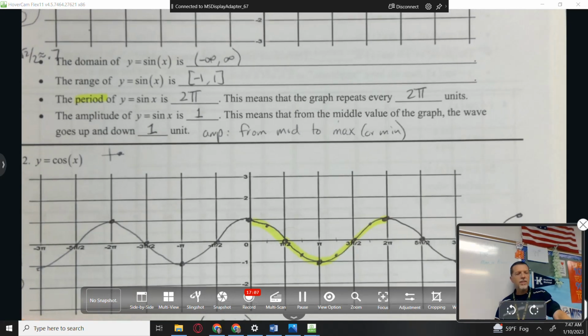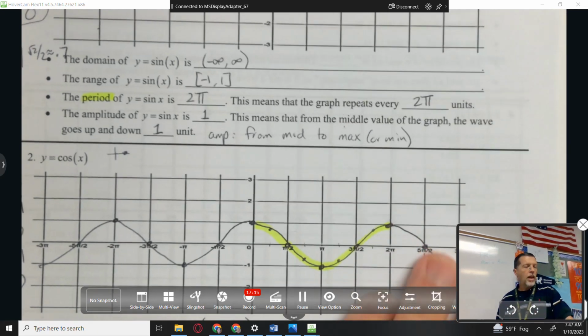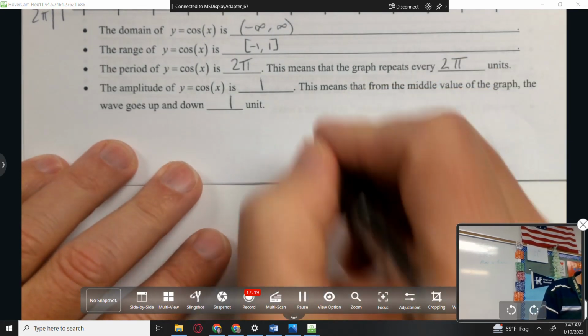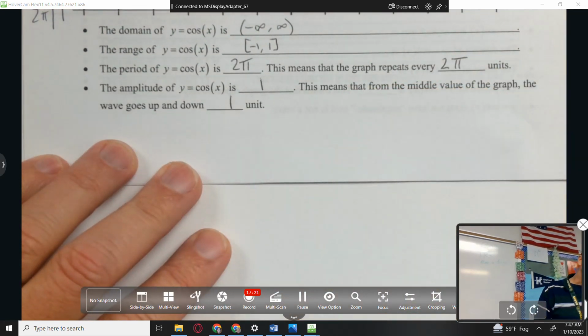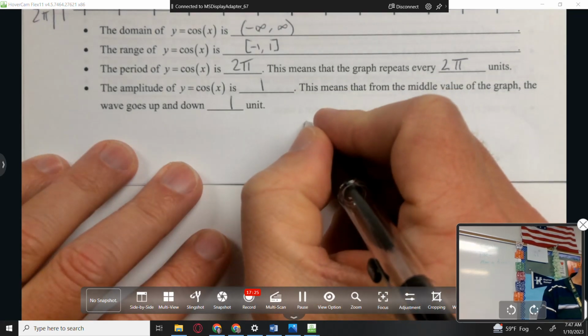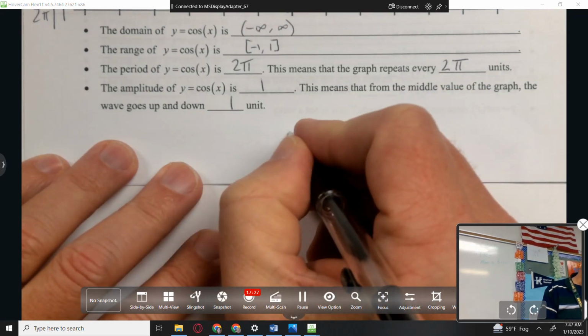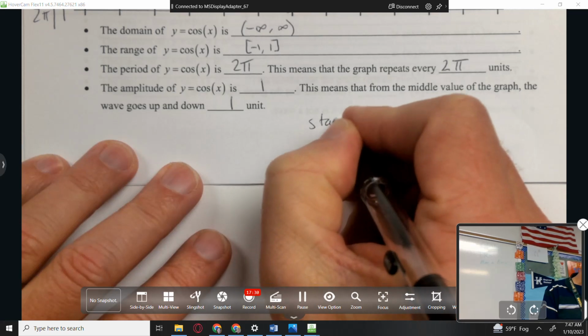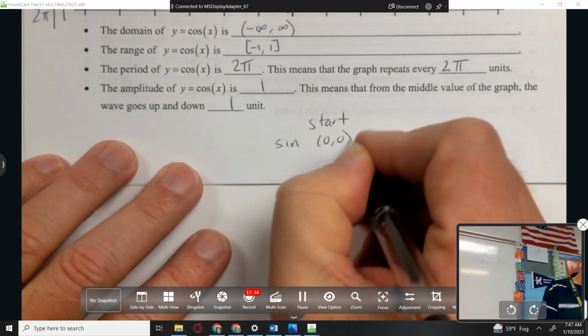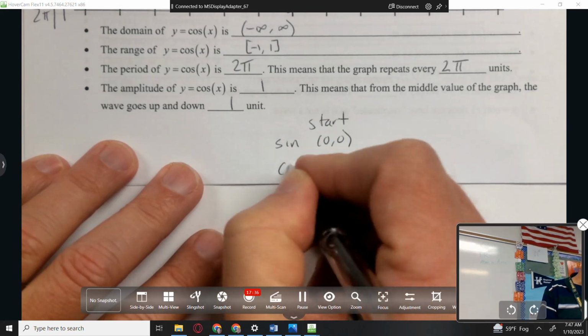Okay, so lots of similarities between sine and cosine. It's the same shape, they're just shifted from each other. So lots of commonalities. The main difference is where they start. Cosine starts at 0, 0. Excuse me, sine starts at 0, 0.